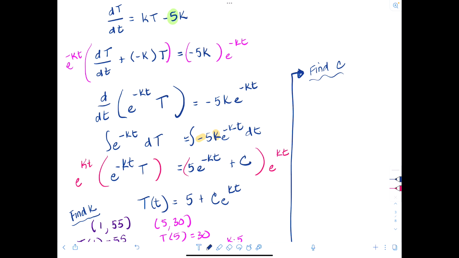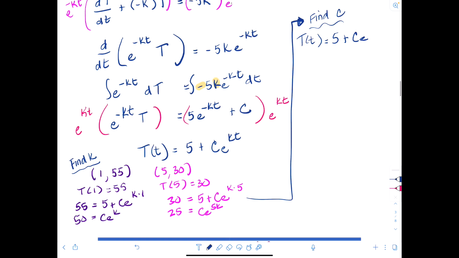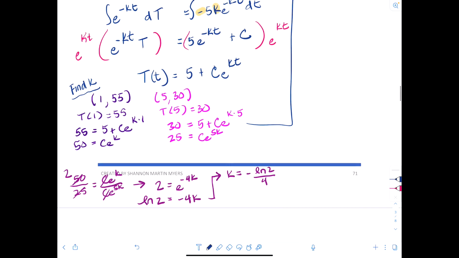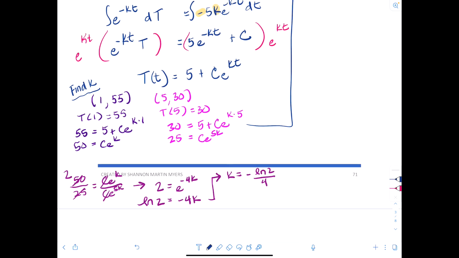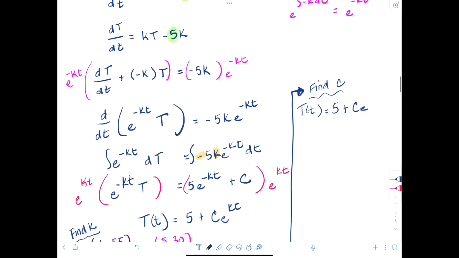So we take our temperature at time t equals, oh, we had a 5 there, sorry, 5 plus Ce to the kt, right? And k was negative natural log of 2 over 4, times t.